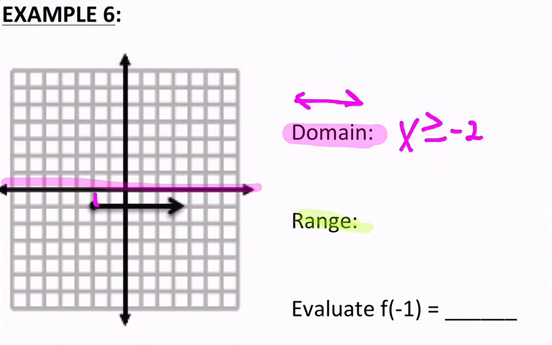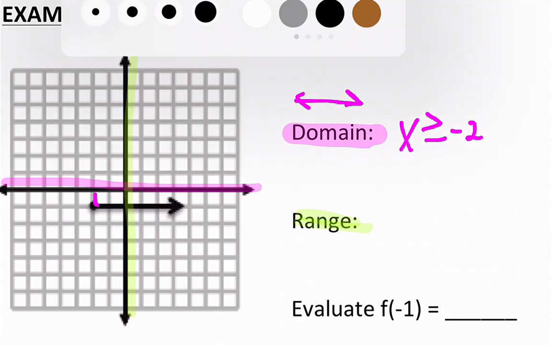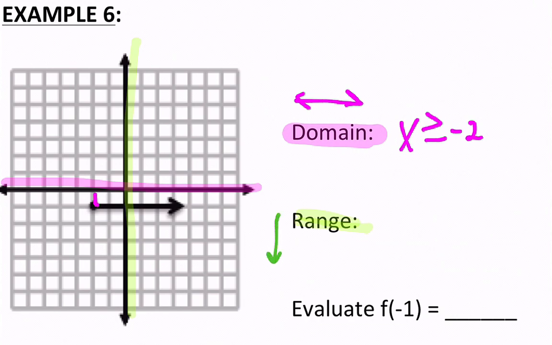Alright, range is y, which is this axis. So we're talking about the highest and the lowest it goes. So if you're looking at this, notice it's at the exact same height the entire time. It never goes higher, it never goes lower. So we have to figure out what height this is. That crosses the y-axis right there.